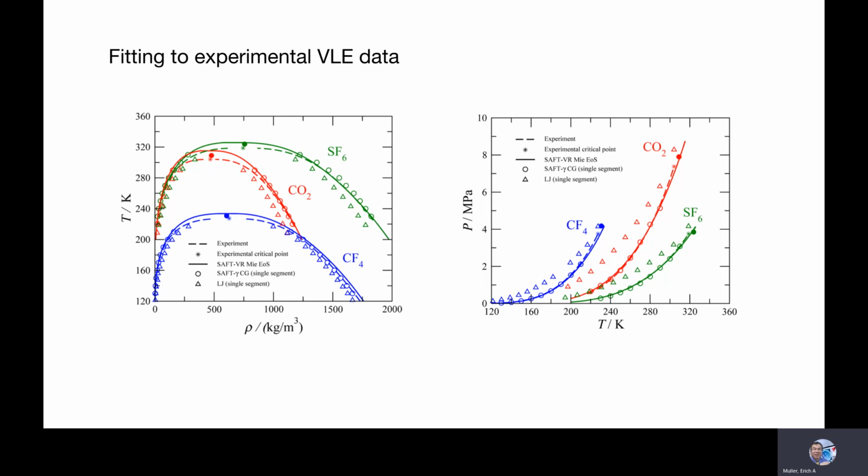And you can see that no matter what we do, no matter what parameters we use, we cannot match the experimental data, which are the dashed lines. If we use the SAFT equation of state, we can fit the experimental data, and the simulation data fit spot on the experimental data and the equation of state.